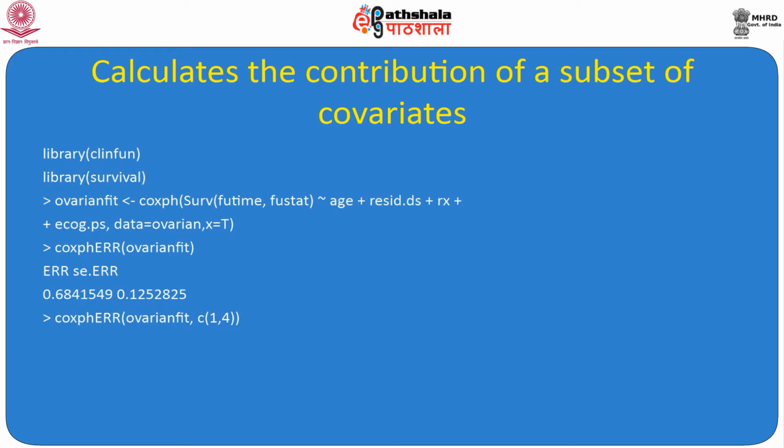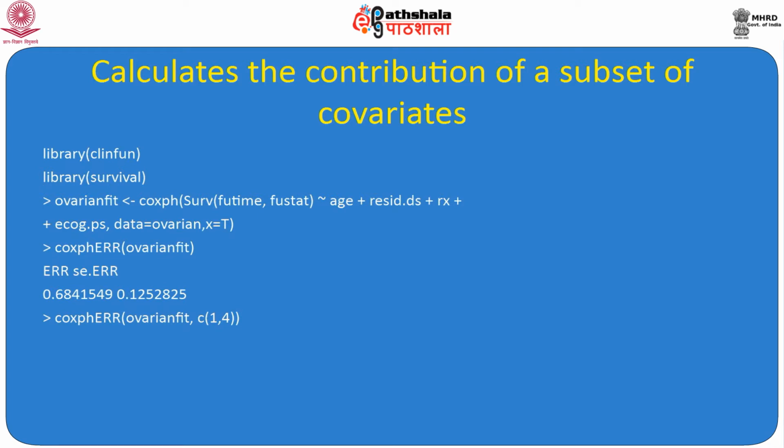As a measure we can see that the relative risk of dying is 68.41% for those in the higher age groups, those treated with RX2, and as well as having higher performance status. This is the basic statistical inference about that.